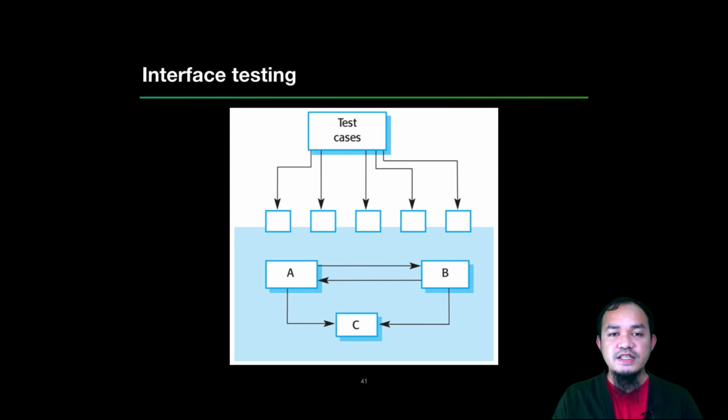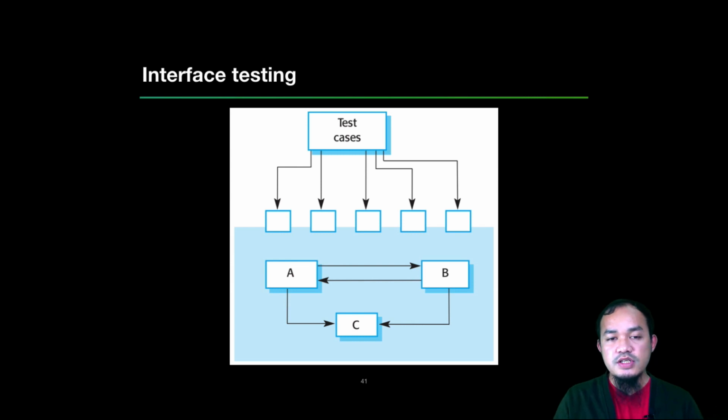This is interface testing. For example, we have a test case. The test case is the thing that we want to test: the procedure, the criteria, the data, and the input. Then we have A, B, C, which are the components, or the functions inside the component, inside the system.